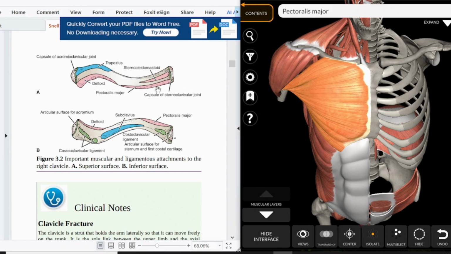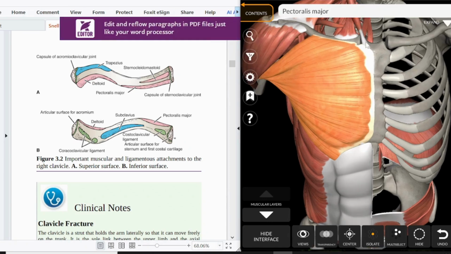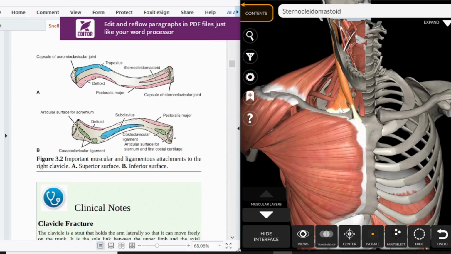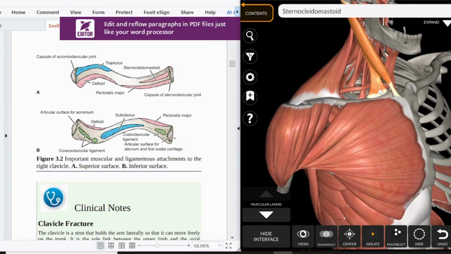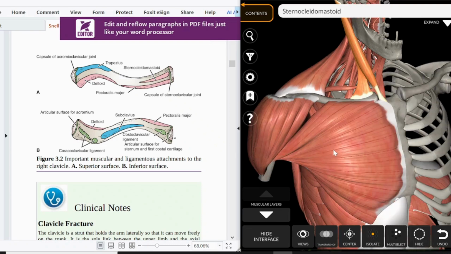On the superior surface, there is the origin of the sternocleidomastoid muscle. If I zoom in, you can see that one part of the sternocleidomastoid is originating from the superior end of the clavicle.